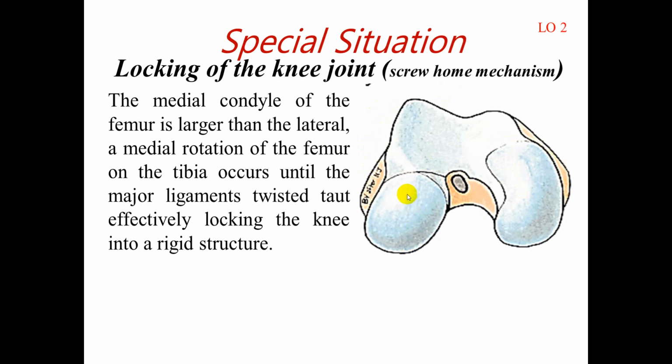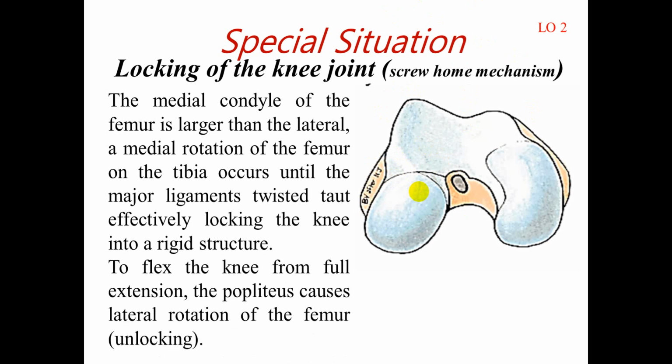So when the knee is extended, the whole articular aspect of the lateral condyle is included, but the medial is not. To involve the whole articular surface of the condyle of the femur, this needs medial rotation of the femur, and this medial rotation of the femur on the tibia will make the major ligaments taut, locking the knee into a rigid structure.